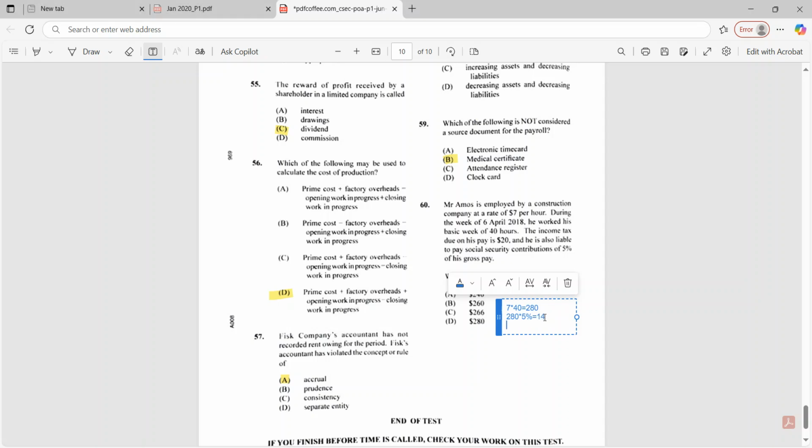So therefore his net pay would be equal to the 280 minus the $20, which is his tax, and the $14. So in all, you're subtracting $34 from 280. So 280 minus $34 would give you 246. So therefore, that is the answer.